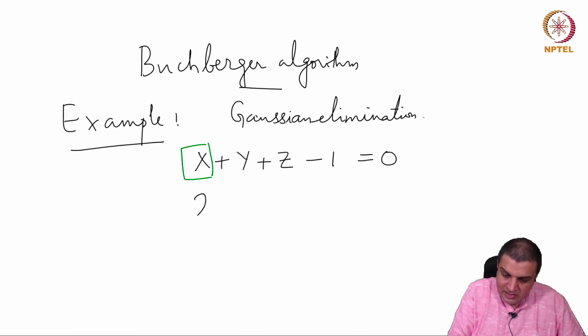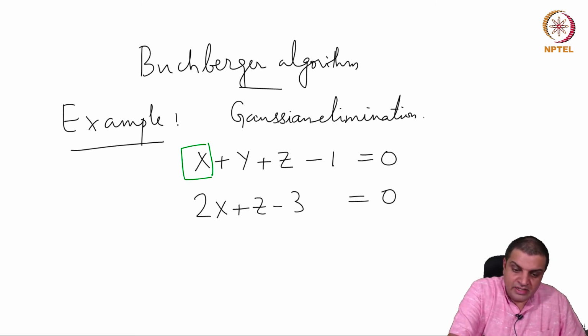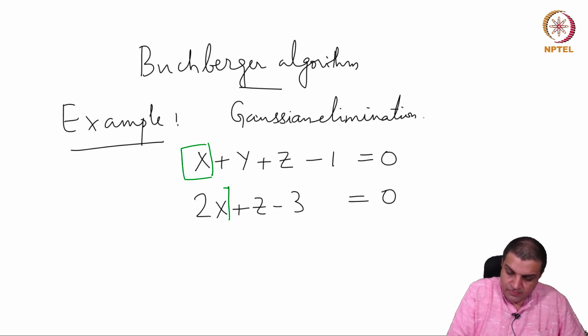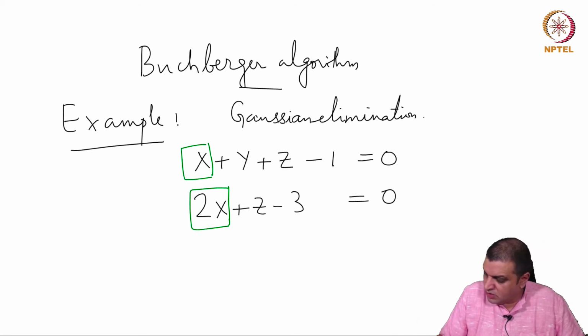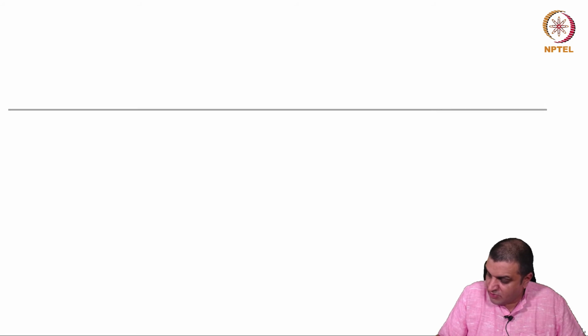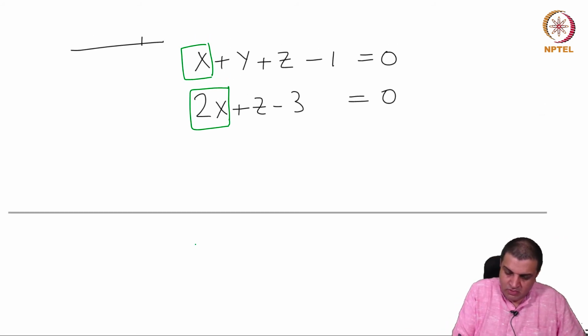Okay, let's say the other polynomial is 2x plus z minus 3 equals 0. Okay, whose leading term is this. So we would like to simplify these leading terms, just for convenience, we would like to make them all units, all 1.